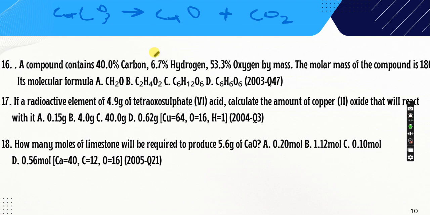So they're asking us for the number of moles of limestone that will produce 5.6 grams of this. We need to first know the number of moles of this. The molar mass of calcium oxide is 40 plus 16, that's 56.